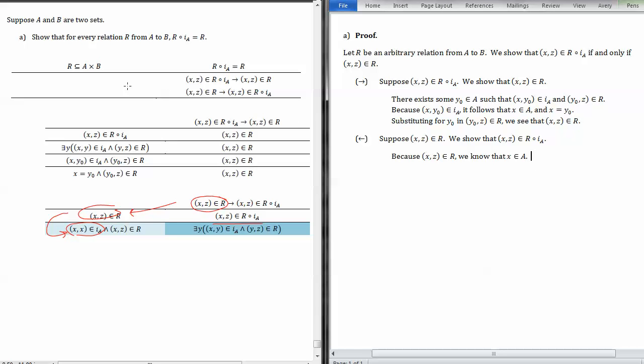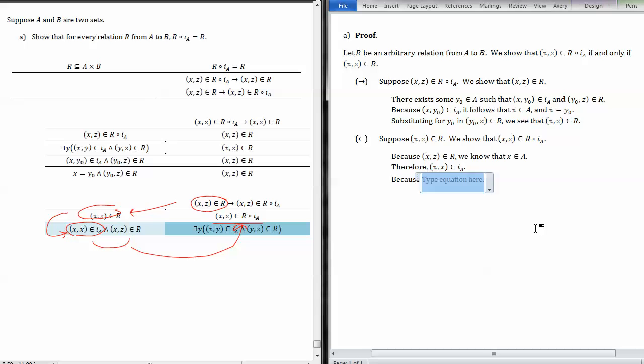Because R is a subset of A times B, so the first coordinate has to be in the set A. And then, okay, so therefore, if x is in A, then x, x is in the identity relation on A. And finally, because we have both of these things, we have that x, z is in the composition.